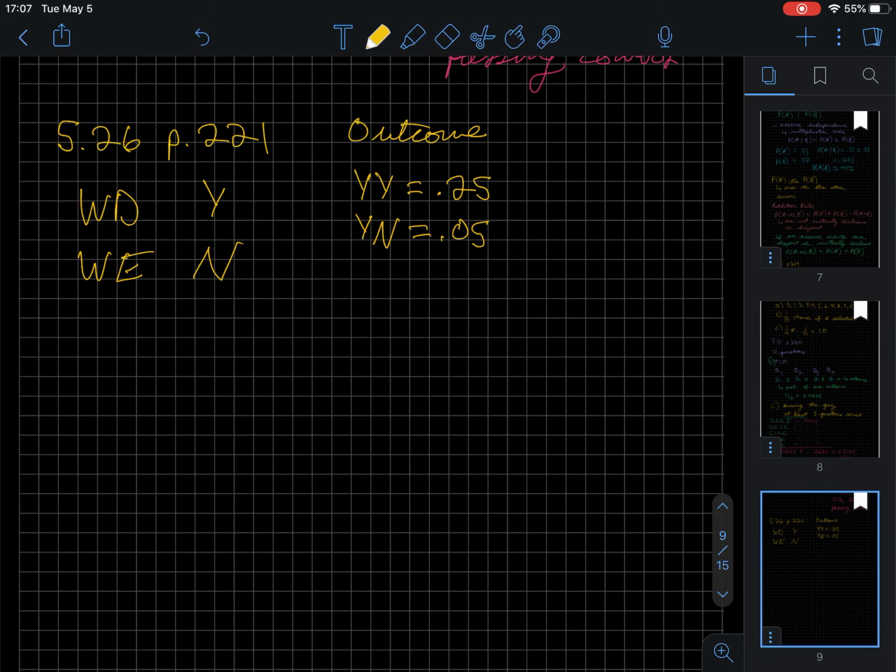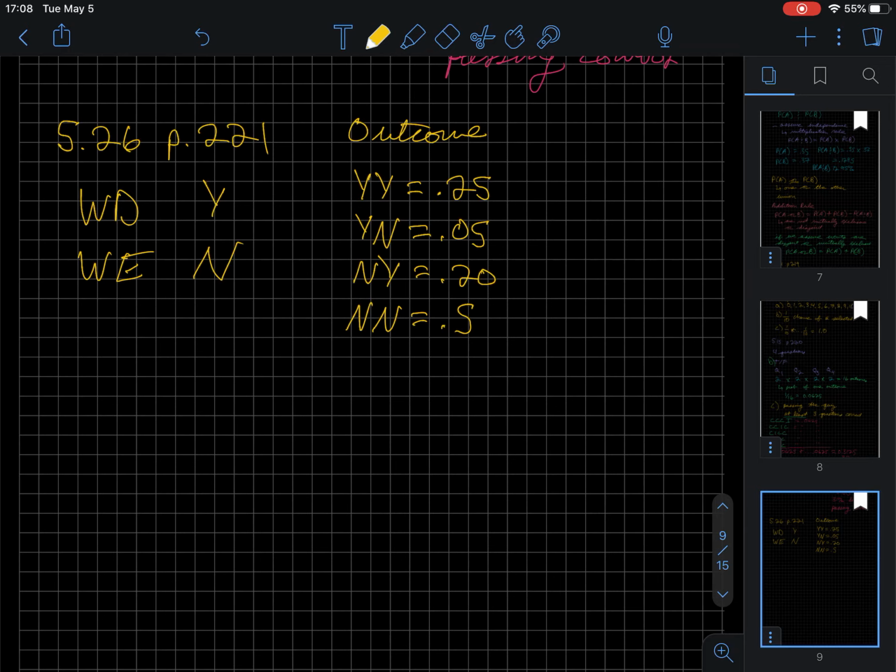If they were no on the weekday but yes on the weekend, this is equal to 0.20. And if they did not get delivered on the weekend and not on the weekday, this is 0.5. Really important to note here is that we listed all the sample space outcomes.